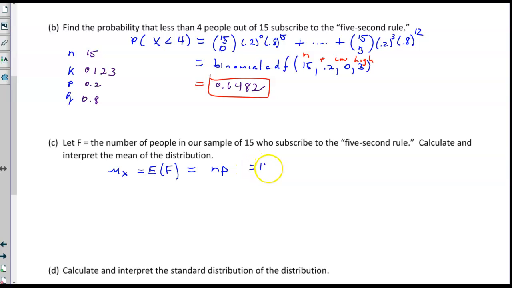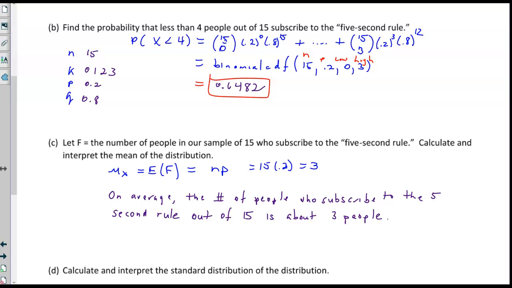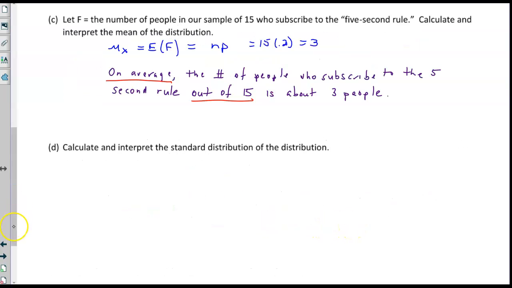So in this case it's 15 times 0.2, which is equal to 3. We now need to interpret it. So the interpretation is, on average, and you have to always include this in your interpretation, the number of people who subscribe to the 5-second rule out of 15, out of whatever your sample size is, is about 3 people.